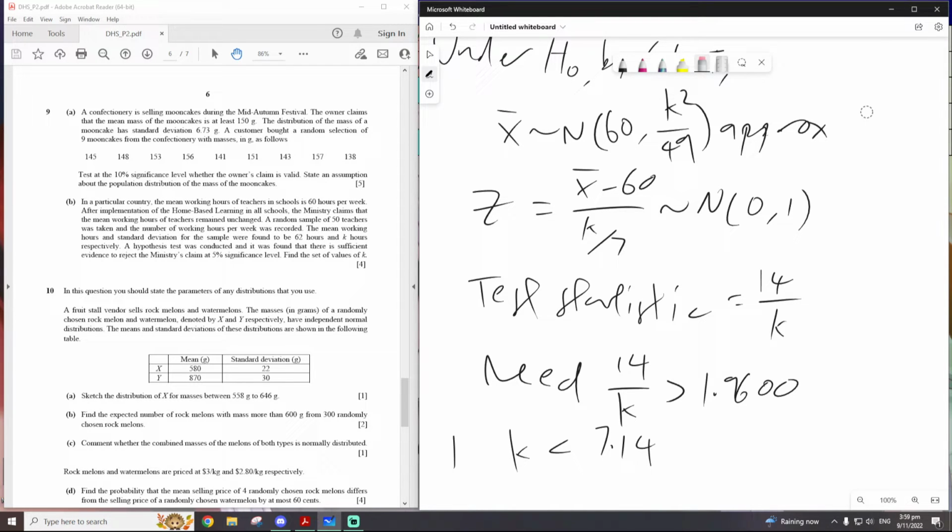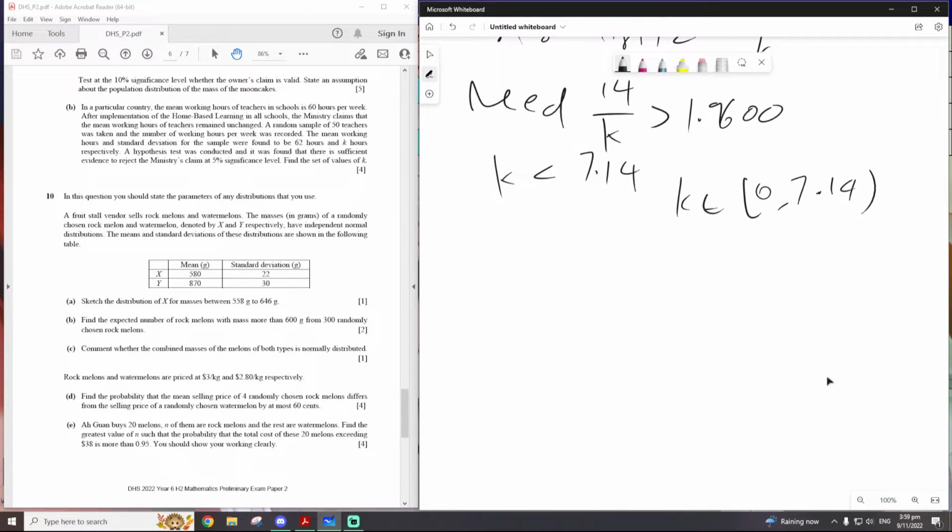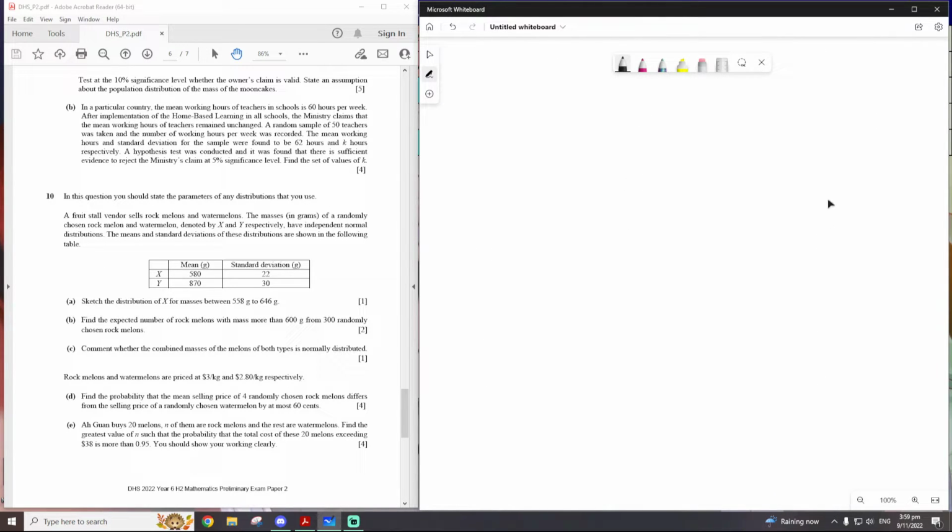So the set of values will be, and of course the standard deviation has to be more than 0, so it will be between 0 and 7.14. Okay, that's that. Question 10, normal distribution.